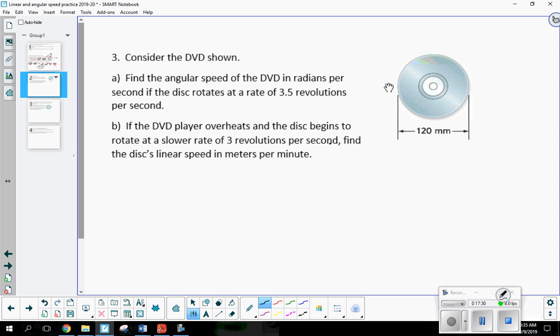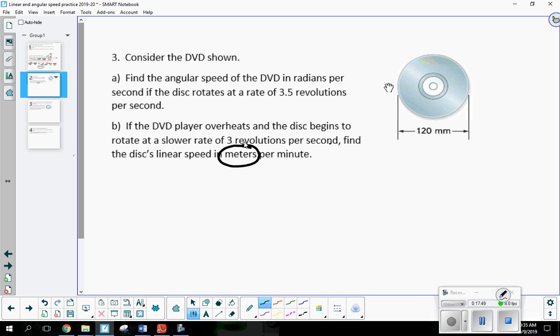You can't use the same angular velocity you find in part A for part B because you're rotating at different speeds. You're also going to notice one thing: you're going to have to convert meters and millimeters. Does anybody need that ratio?